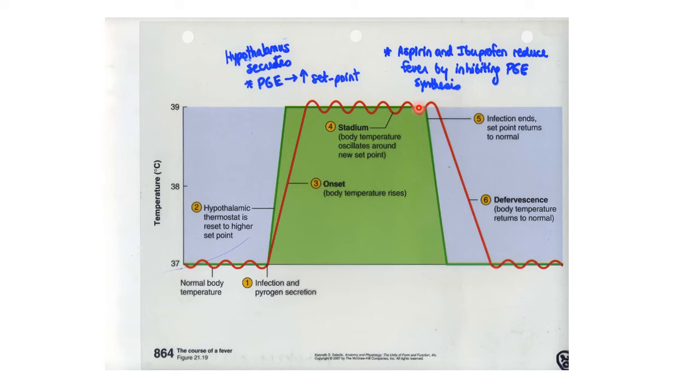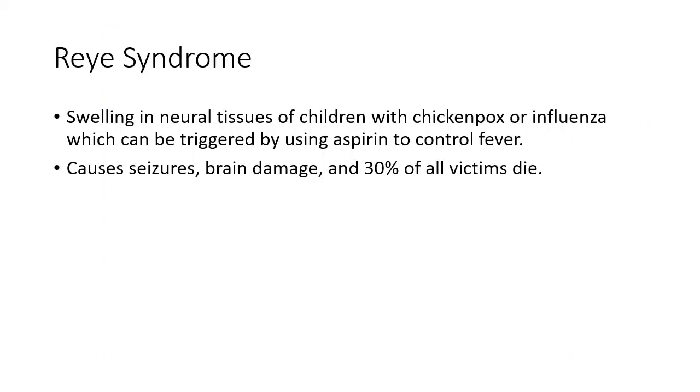Now, I put a little note here that aspirin and ibuprofen have their effect by inhibiting PGE, prostaglandin E, synthesis. So that's how they prevent fever. Reye syndrome is a swelling in neural tissues of children with chickenpox or influenza, which can be triggered by using aspirin to control fever, and that's why they don't advocate giving children aspirin anymore.